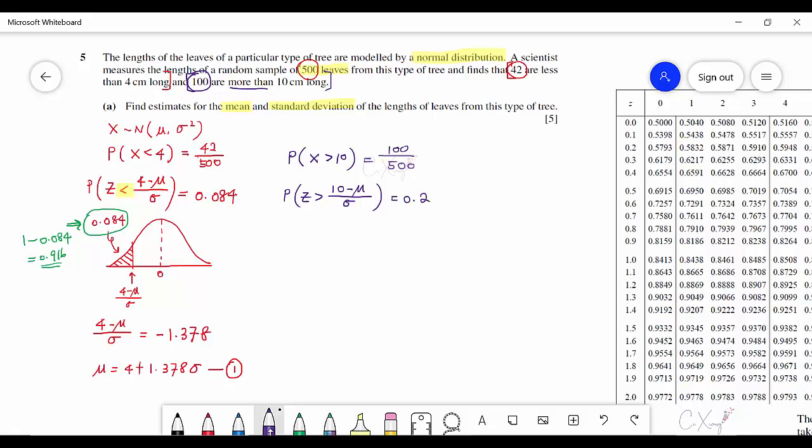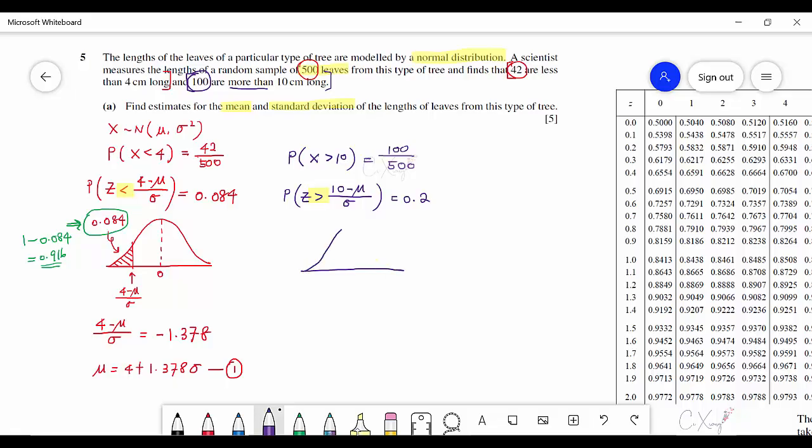All right, okay, next. Again, before I want to find out the value from the normal distribution table for the value of z, I will want to sketch the diagram again. 0 is the mean in the center, and then for this equation here, I'm having z greater than, and 0.2 again is a smaller area. Therefore, I should expect that actually my value of z is on the right hand side.